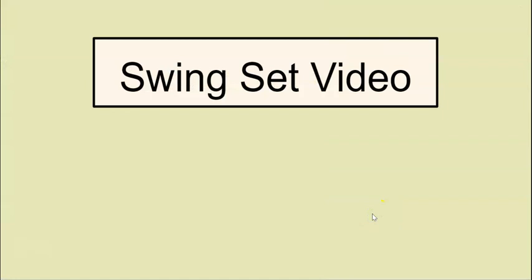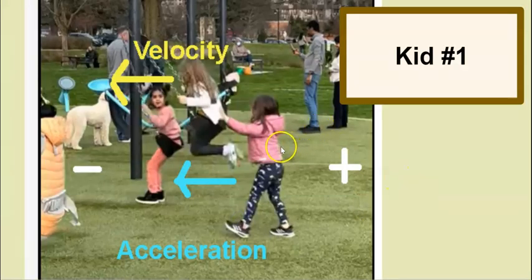All right, now you're going to watch a swing set video of a person, according to their dad, trying to make friends at the park. I'm just going to call this person Friendly. So when Friendly pushes swing number one, their motion was to the left, so that's negative.